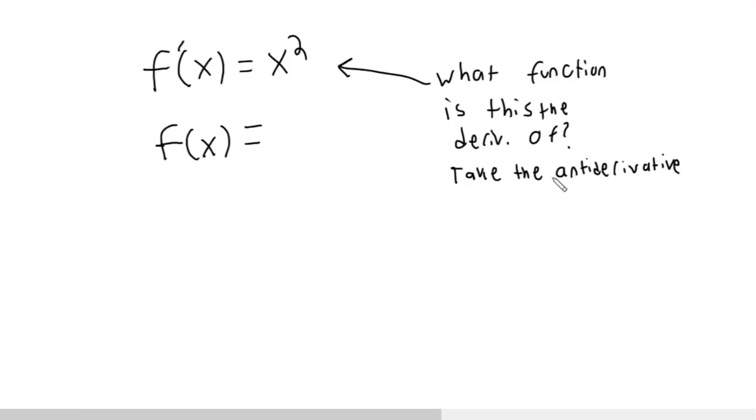So, before we just tackle this one head on, I'm going to introduce one of the main rules for antiderivatives. Recall that if I differentiated x to some power n, that became n times x to the n minus 1, where you bring the n down and then you subtract 1.